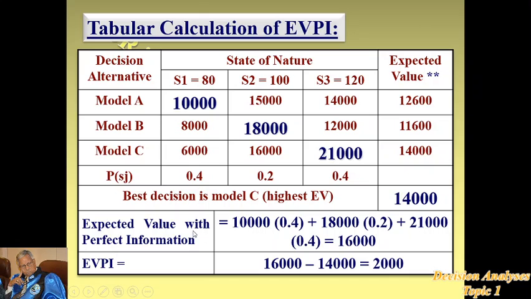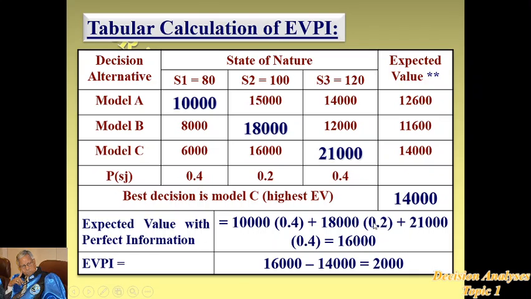This is the expected value with perfect information. The result is 16,000. What is our previous best decision? Model C with 14,000. Subtracting the 14,000 from the 16,000 will yield the expected value of perfect information. It will be 2,000.